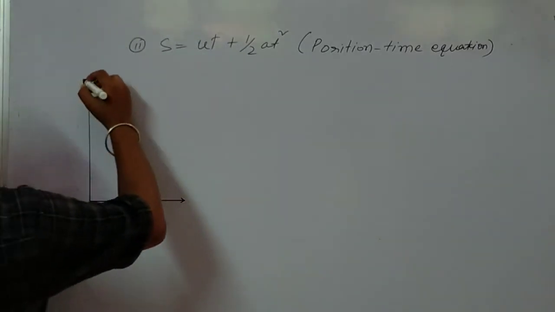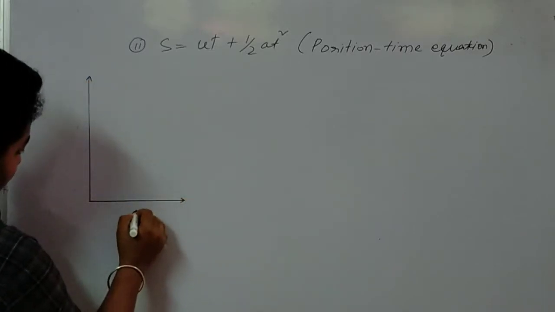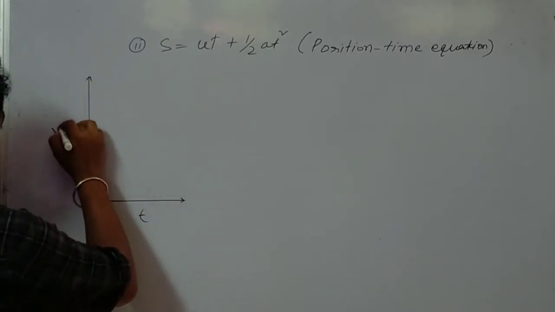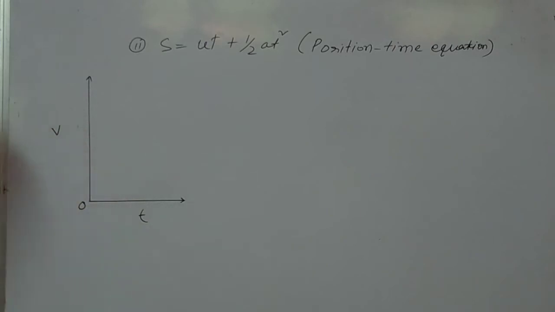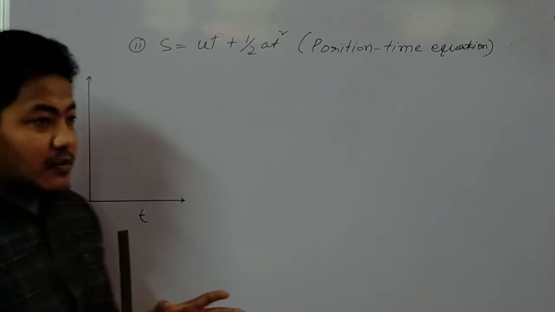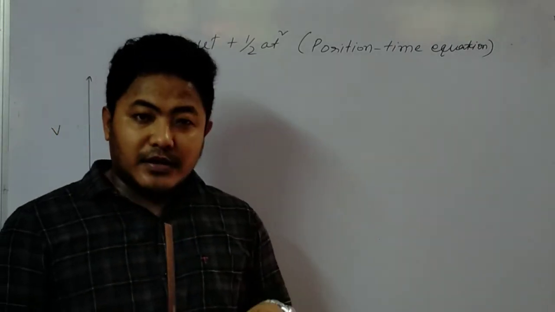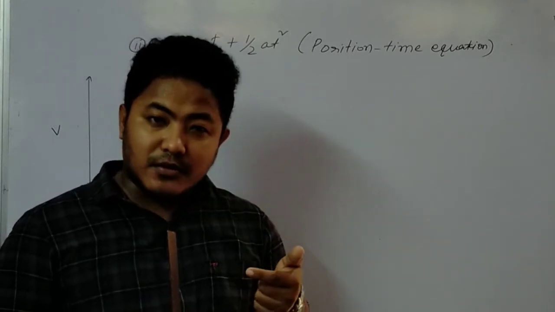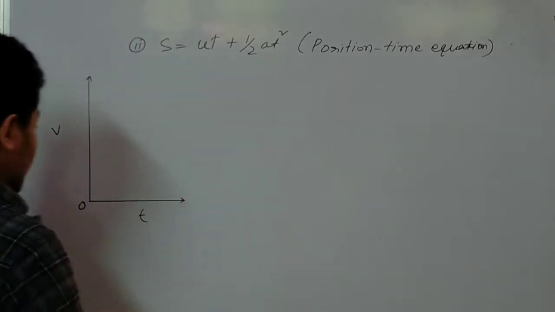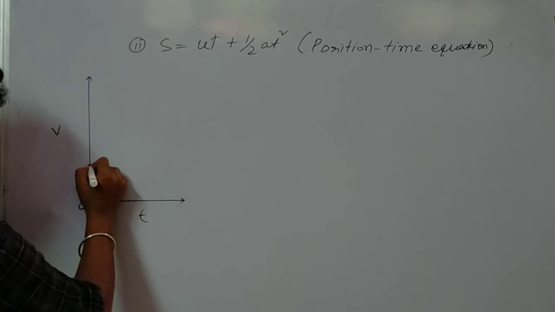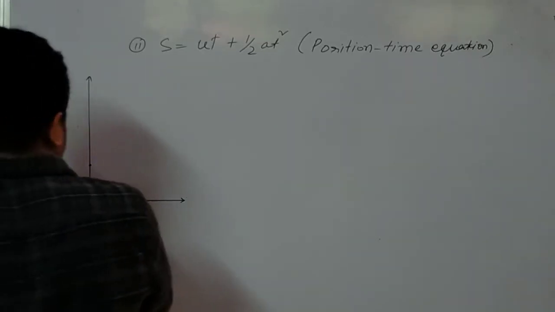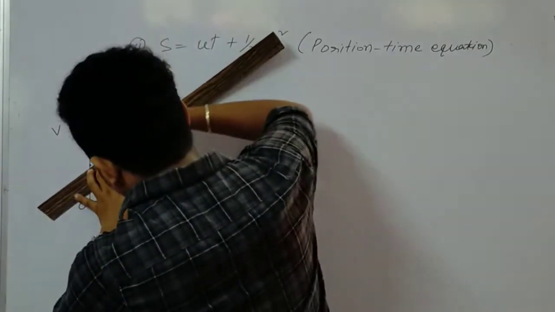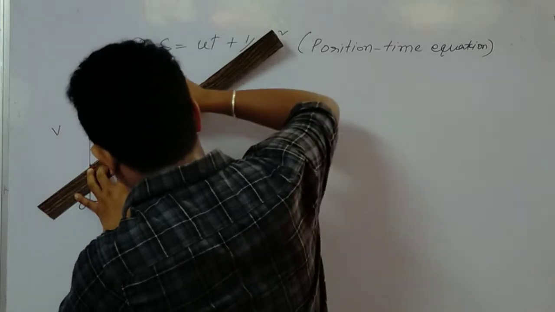So this will be your time, t, and this will be your velocity. If the initial velocity of the body is not 0, the body starts from here, and the graph will look like this.